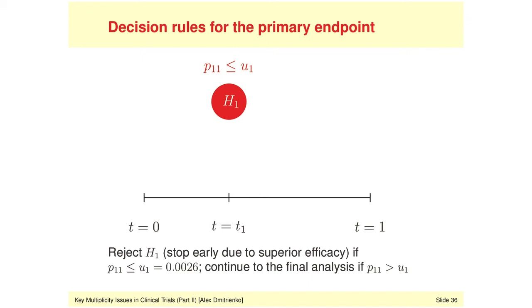When we look at progression-free survival tests, we can claim a significant effect on progression-free survival and stop the study early due to superior efficacy if the p-value for the progression-free survival test is less than or equal to alpha 1.